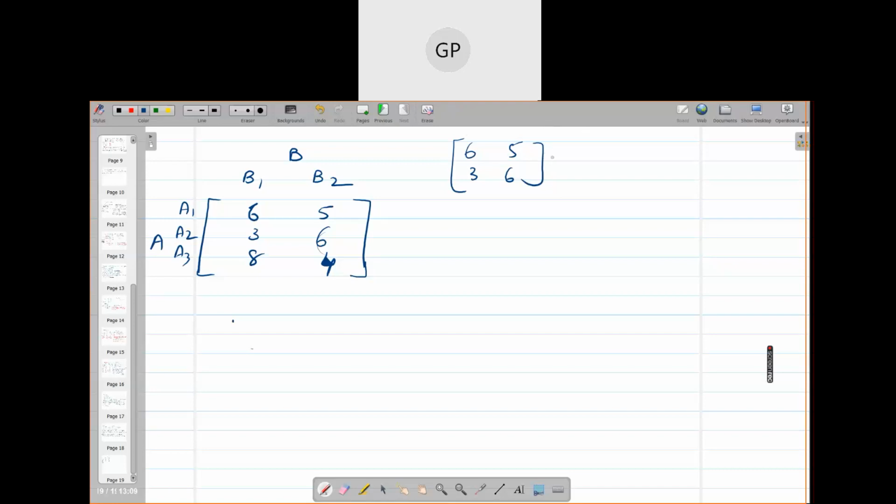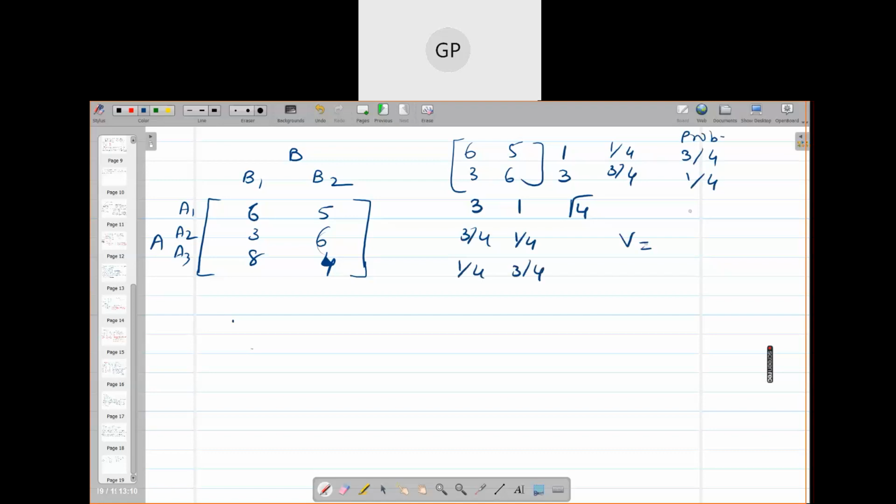Yes, girls, what is the value of the first subgame? Let us quickly calculate. 6 minus 5 is 1. 6 minus 3 is 3. So 1 by 4, 3 by 4, 3 by 4, 1 by 4. So probabilities are 3 by 4, 1 by 4, 1 by 4, 3 by 4.